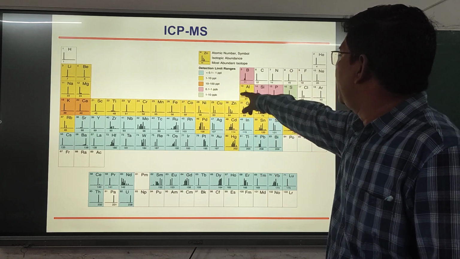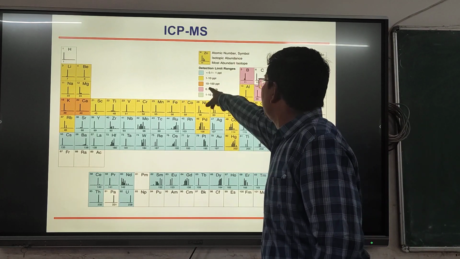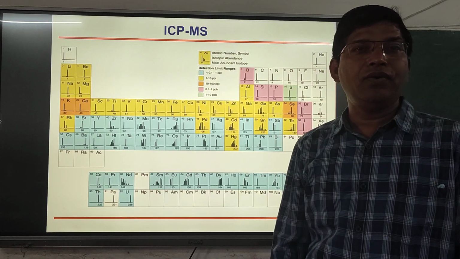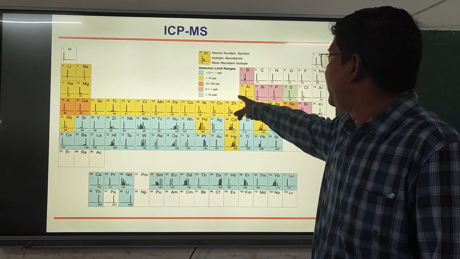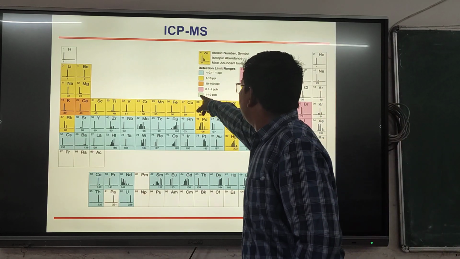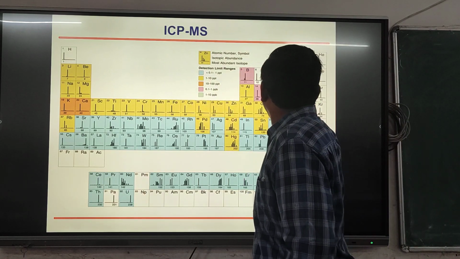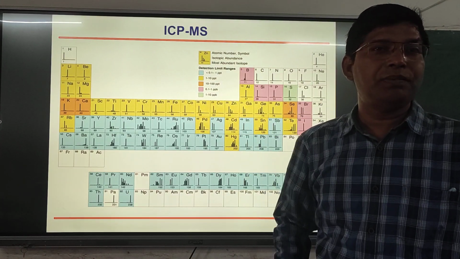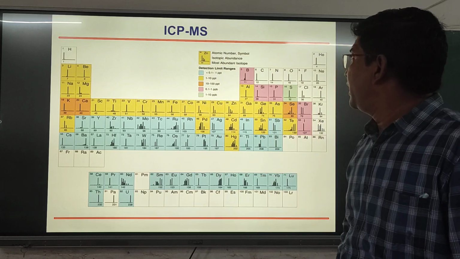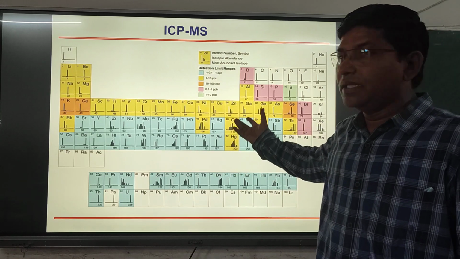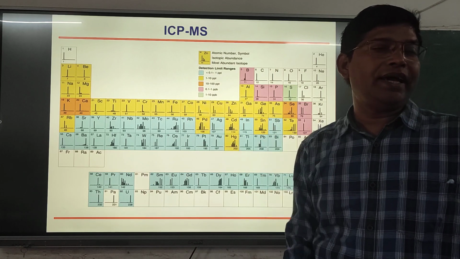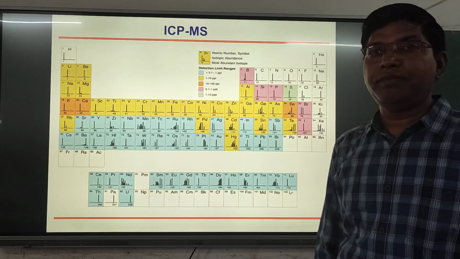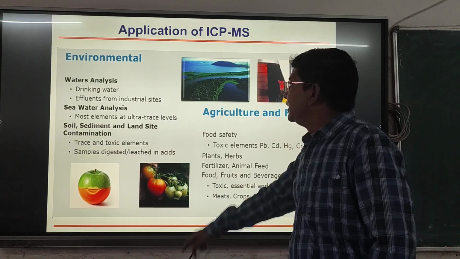Suppose this light blue: the concentration range is in nanogram per liter. And light green is related to sulfur, so we can determine 1 to 10 microgram of sulfur present in a sample. So this periodic table we can apply when we want to use the ICP-MS for elemental measurement.